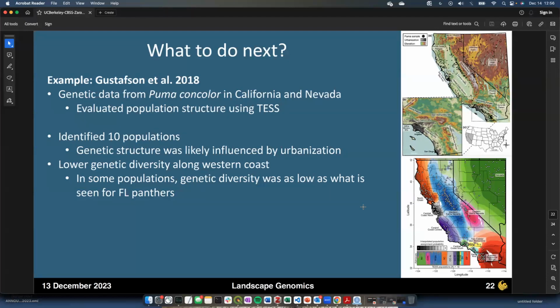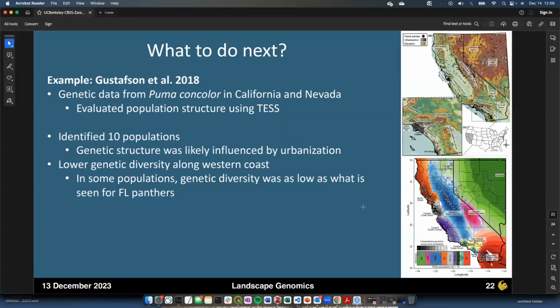For example, if you look down here at San Bernardino, the Central Coast, and basically around the Los Angeles area, you have these smaller scale population clusters assigned compared to some of these more connected larger clusters. What they found is that the degree of urbanization in these areas really contributes to that population clustering, which is what we see in other studies of Puma concolor in the southwest of California as well.